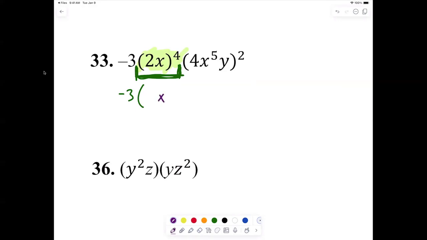What is 2 to the 4th power? Come on. Stay focused. I know it's hard. 16 to the what power?